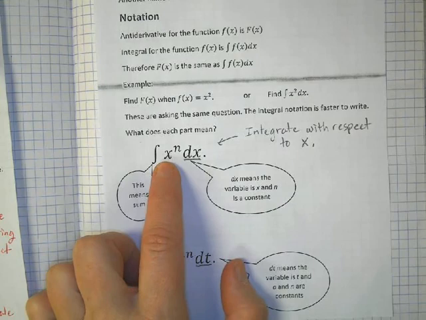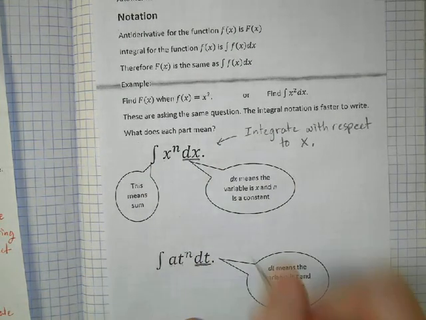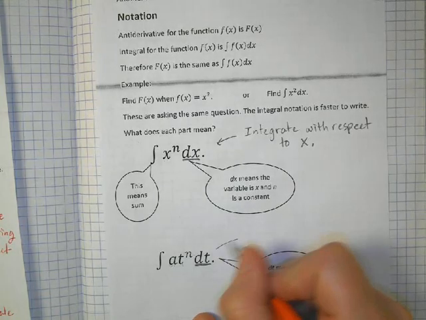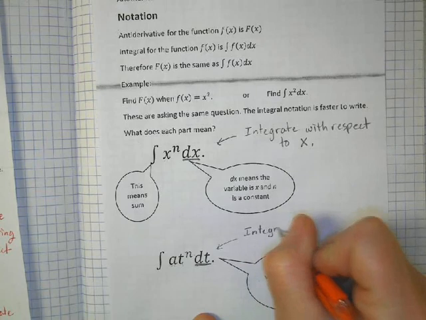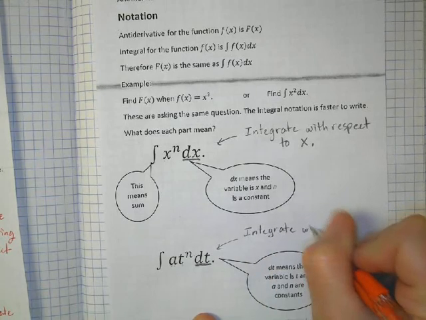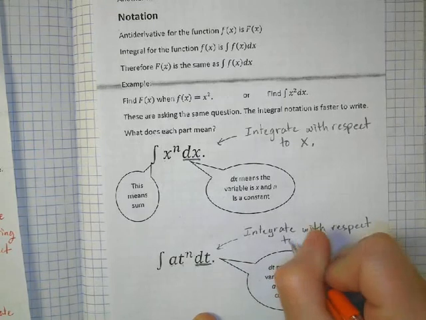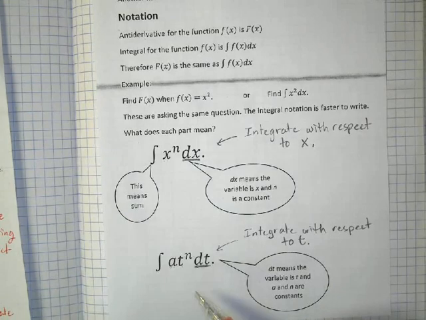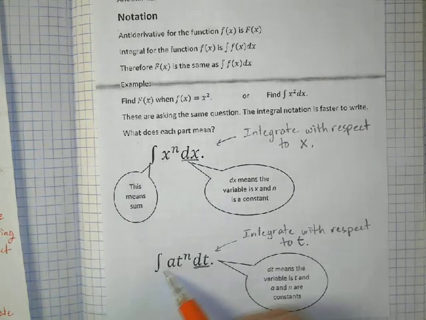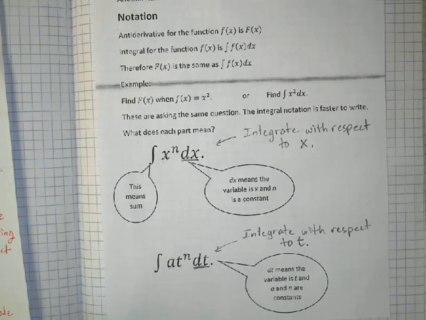This one, since it says dt, means that we're going to integrate with respect to t. If this was written out in words, we would want to integrate this function with respect to t. So it's telling you which is the variable.